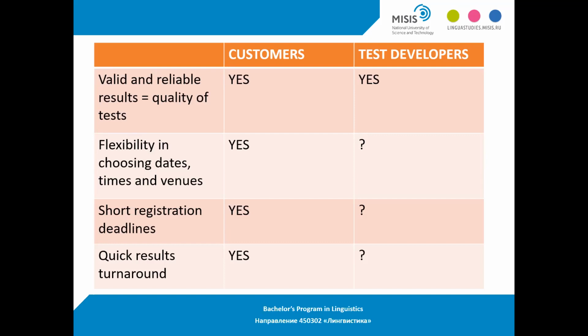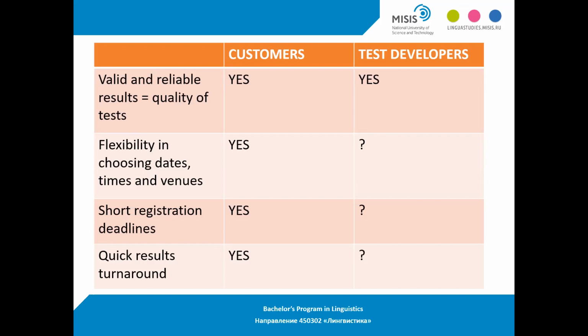And this does not make everybody happy, because if you have one date a month for the exam which you need, and this date doesn't suit you for whatever reason, this might be a problem. Venues, again, if there is only one exam center in your city and it is not very convenient for you to go to that place on the only date when your test is available, you are not quite satisfied.